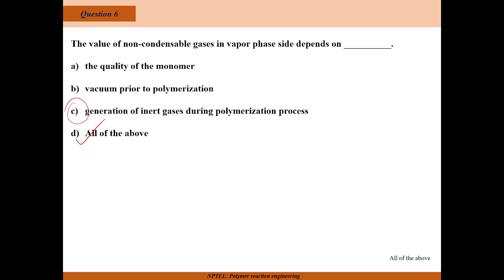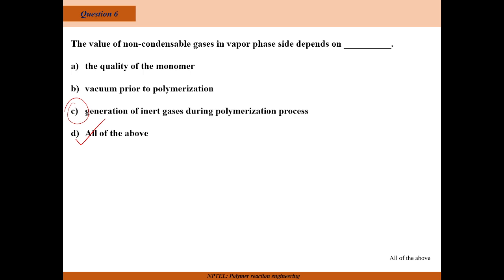If the quality is poor, then non-condensables can form during the polymerization process. And generally we apply vacuum prior to polymerization in certain processes to remove these non-condensable gases. If vacuum is not applied, we may not be able to remove all these non-condensables, because vacuum is one way where we can remove these volatiles.